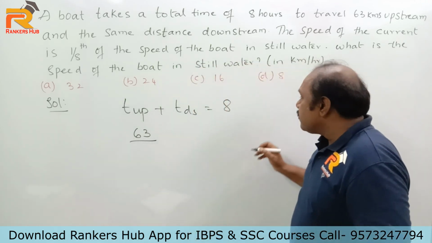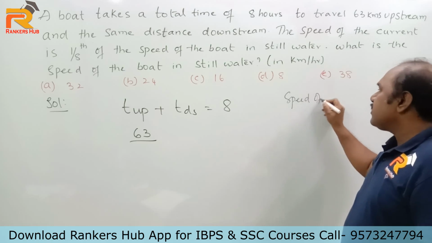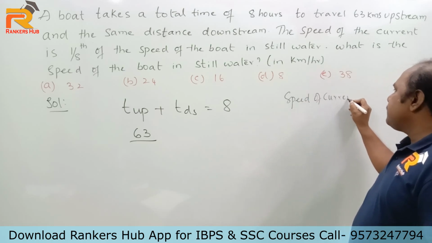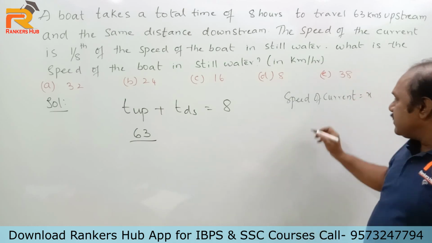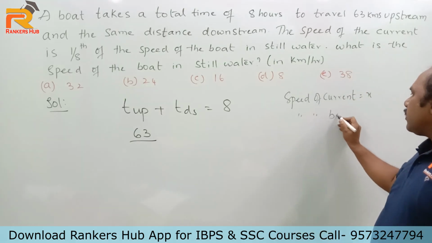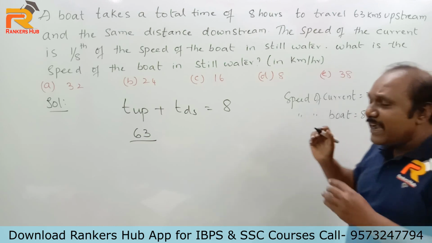So if we assume the speed of the current is x, then the speed of the boat in still water should be 8 times, that is 8x.